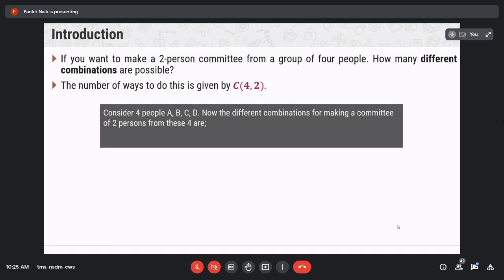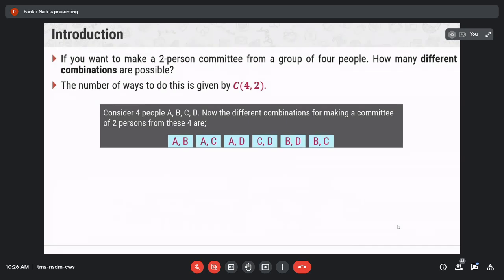Consider four people A, B, C, D. Now the different combinations for making a committee of two persons from these four are: either AB, then AC, AD, then CD, BD or BC.